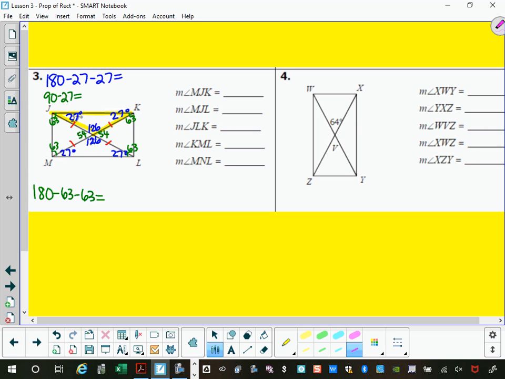All right, the measure of NJK. So I start at N, I go up to J, I go over to K. What is that middle angle there? It's both of these angles together, right? It's the whole corner. So what's that whole corner angle?